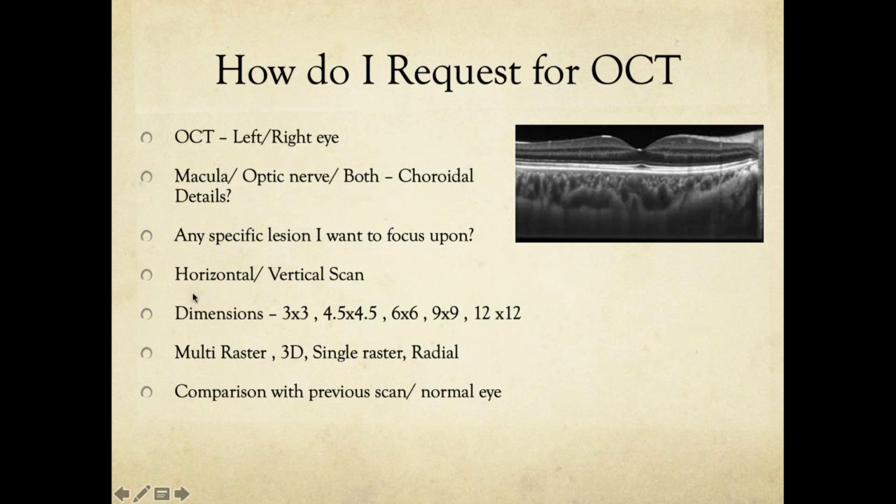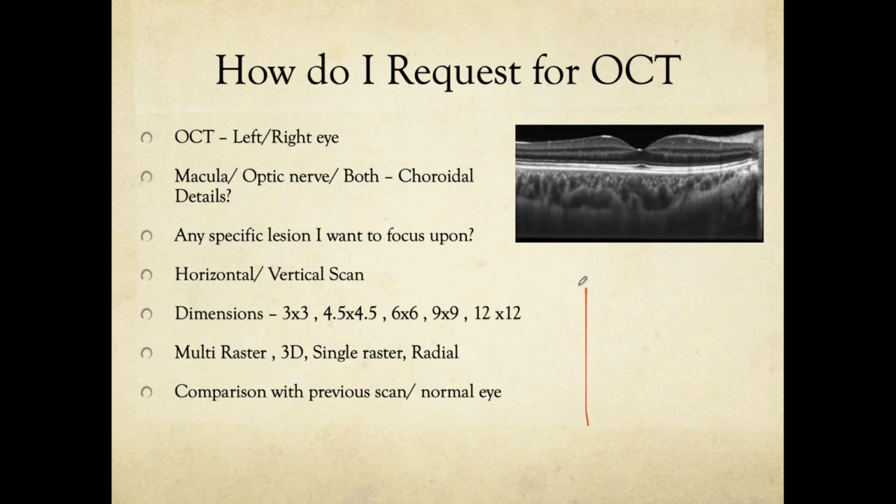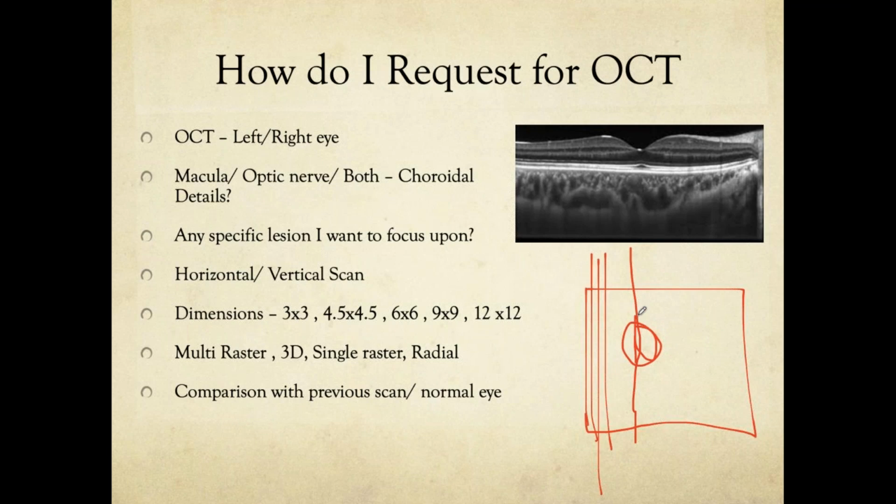Then you have the option of scanning. Do you want to do a vertical scan or do you want to do a horizontal scan? Because what happens is, for example, if a lesion is like this and you are planning for a vertical scan, when this scan makes a cross section here, maybe not much information can be gathered.